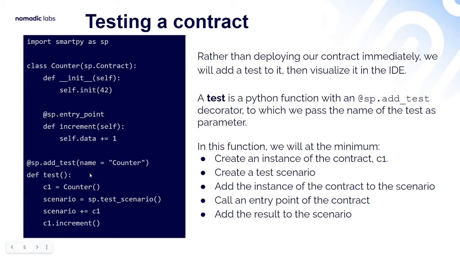Within the test, we create an instance of the contract that we call c1, then create a scenario for this contract using sp.testScenario. We add the contract to the scenario, and then we can make a number of calls to entry points. This will initiate the contract, call the entry point, and show us the result.